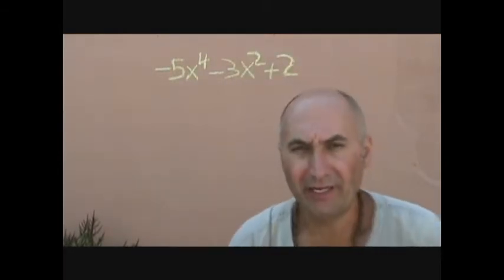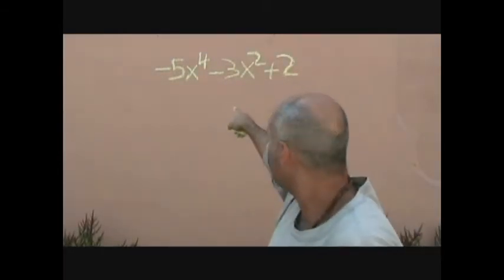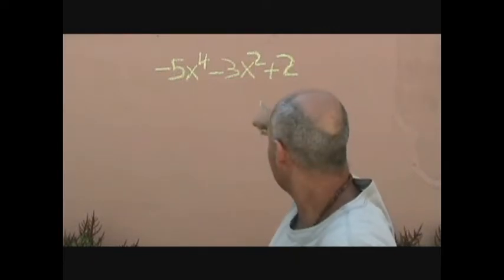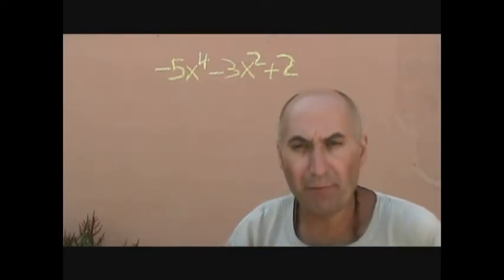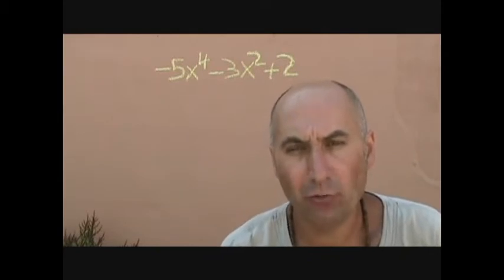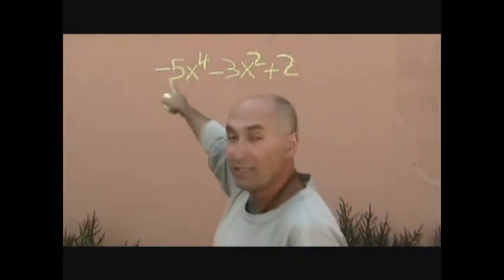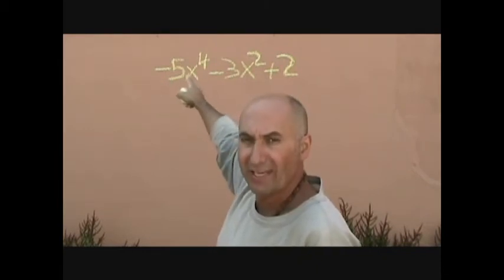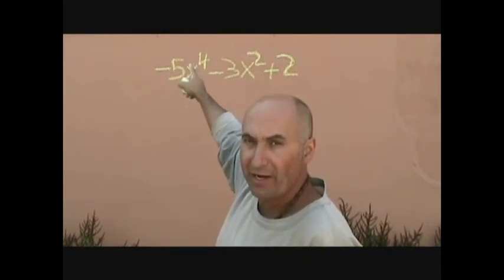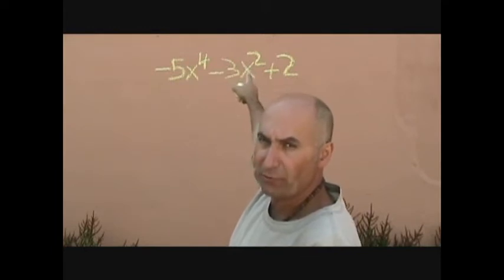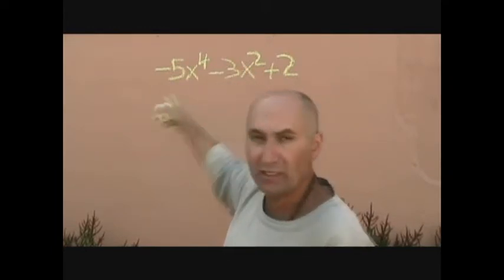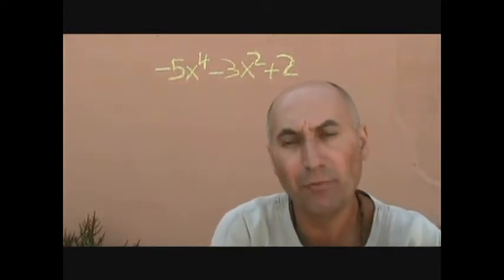So what we have right now is negative x to the fourth minus 3x squared plus 2. And remember, when it comes to factoring trinomials, the simple trinomial and a complex trinomial, what you need is your first term with the x power to be double the second term power, and they have to be whole numbers.